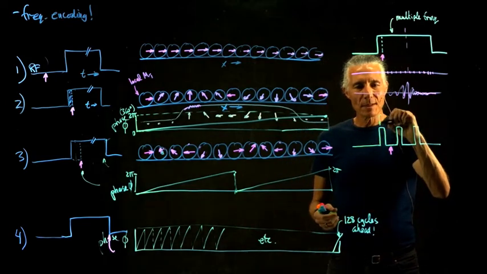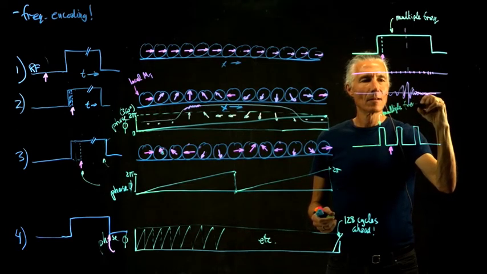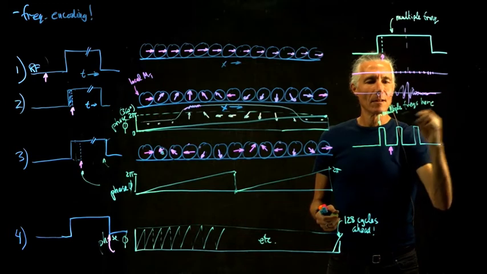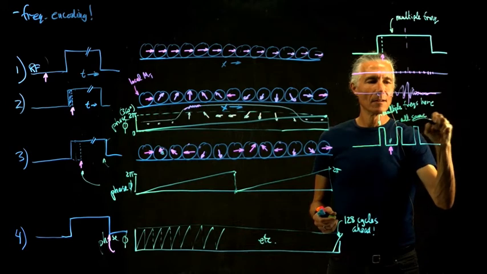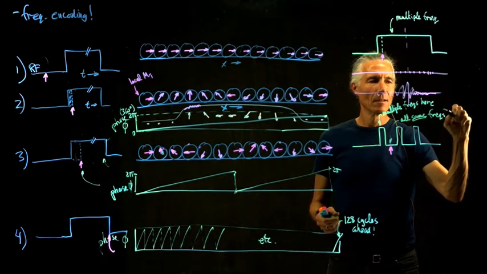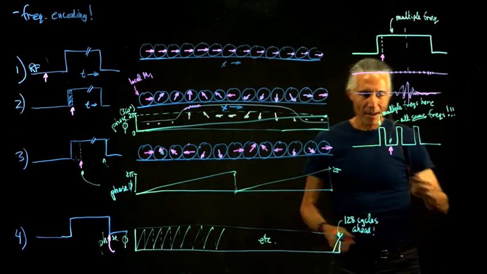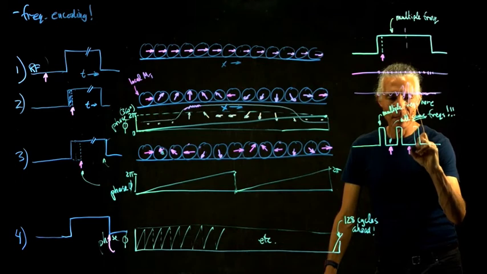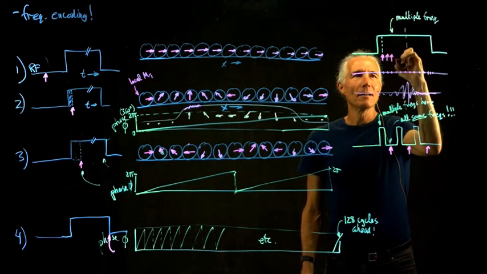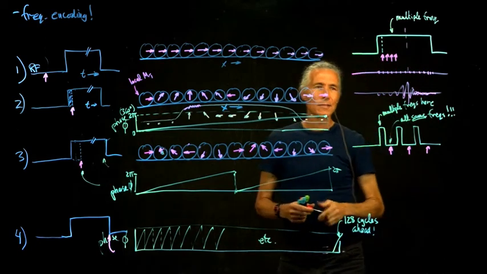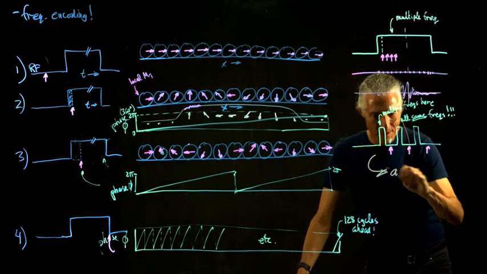All the same frequencies here. What would happen? You get the same data. There'd be some decay, but let's forget about the decay. The data would be exactly the same as if you recorded with the gradient on. So that's the most critical thing.